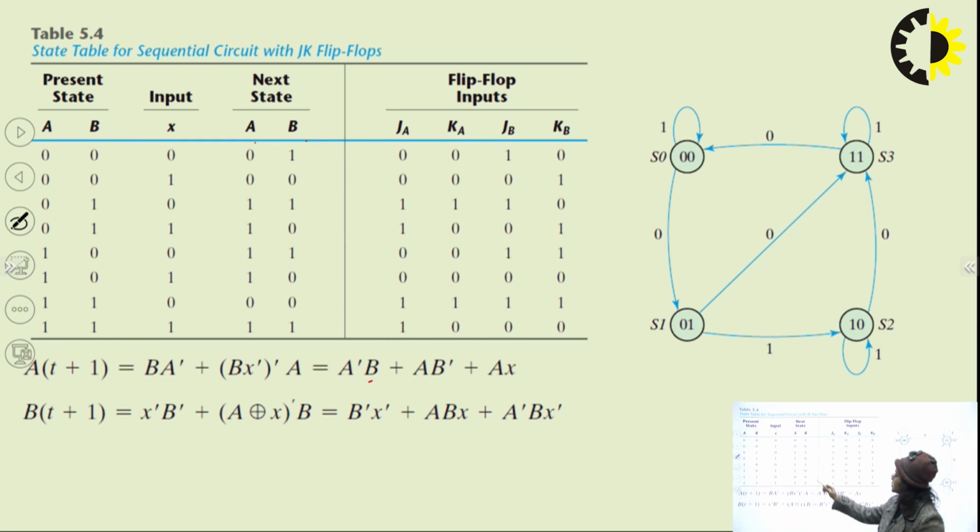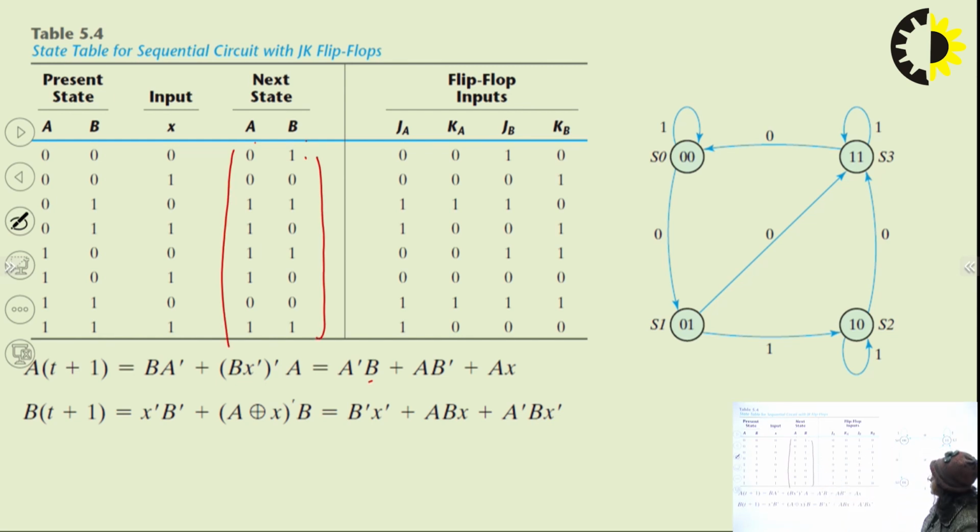So the next state comes out to be as follows. As there are two states, there are four combinations, 0 0, 0 1, 1 0 and 1 1, and only one input.